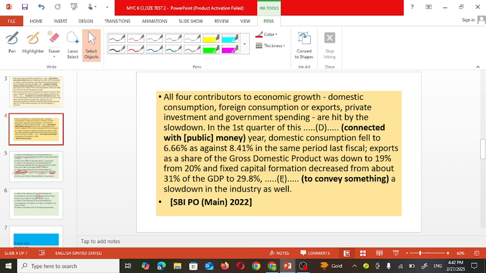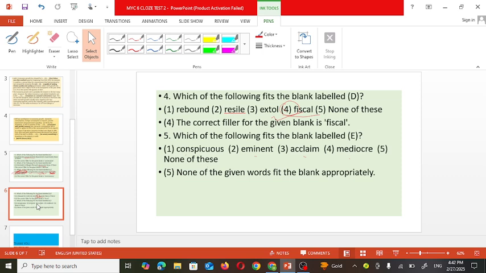So the expected word for the blank is required to convey something. And the given options are conspicuous. Conspicuous means easily seen. So here this word won't fit. Eminent means very famous, eminent personalities. We are using this word along with it. So again, this word will not fit in the given filling the blank. Acclaim. What do you mean by acclaim?